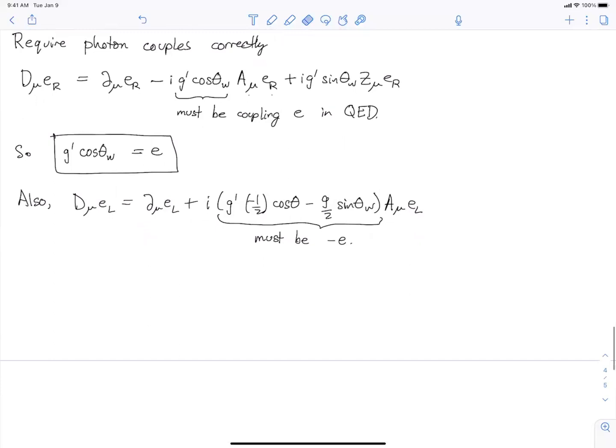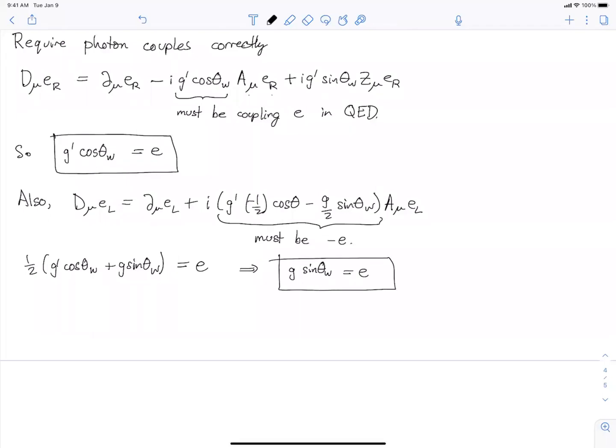And so what we learn from this is one half g prime cosine theta weak plus g sine theta weak is equal to e. But we already know g prime cosine theta weak is equal to e. And so this tells us that g times sine theta weak has to be e.